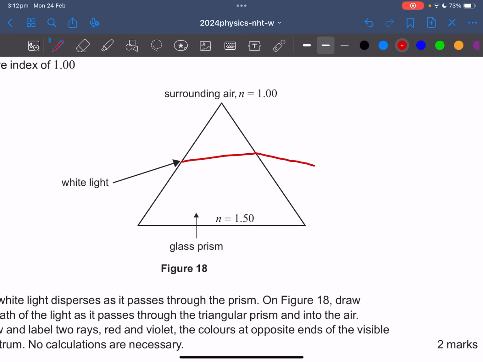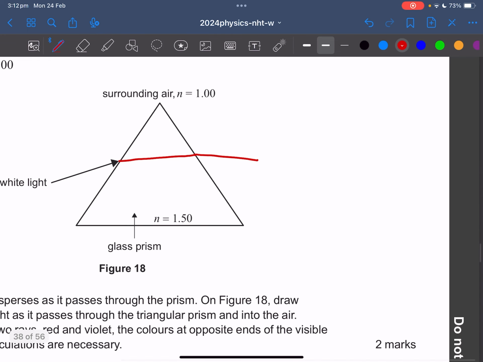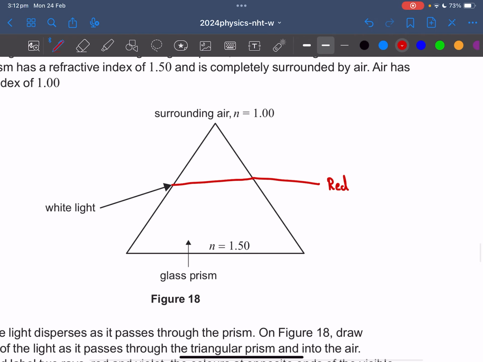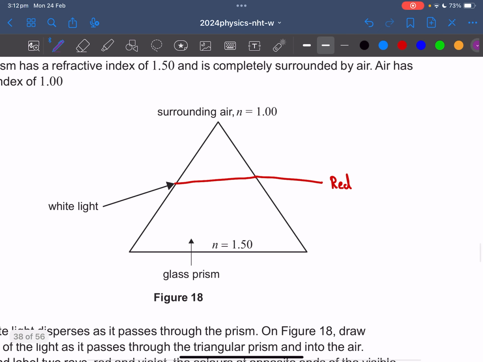Something like that, and this will be our red. And then our violet will bend the most, so it'll be like this and then like that. So this will be our violet.